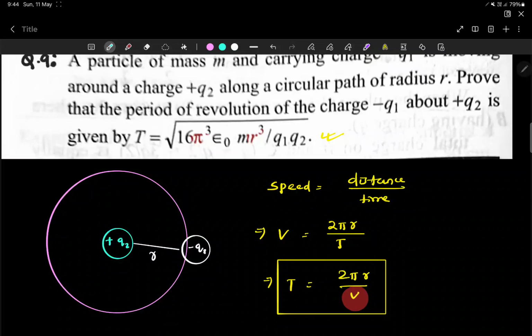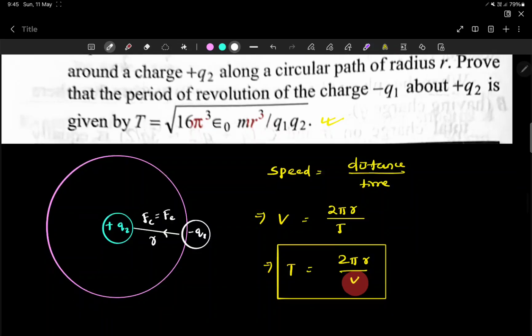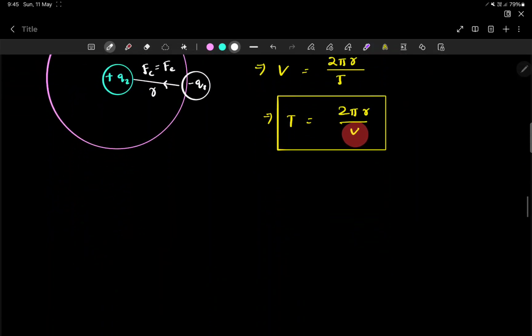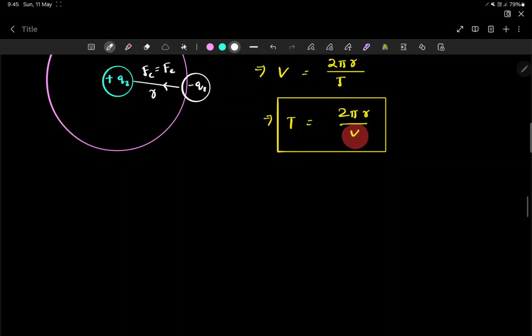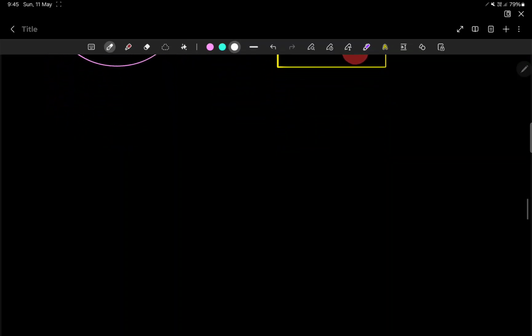The particle minus q1 is revolving about q2. What force acts on it? The force towards the center is the electrostatic force of attraction towards the center during the circular motion. This is equal to the centripetal force.